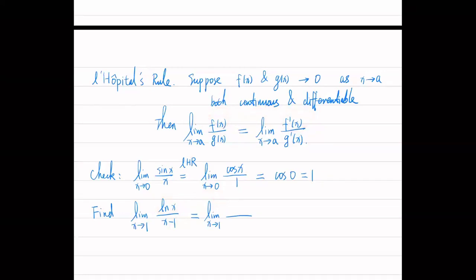Sophia, what about you? 1/x. Okay, Sophia, remember this is 1 over x. Okay, so Zichen, the derivative of the denominator? One. And Sakina, what's the limit?